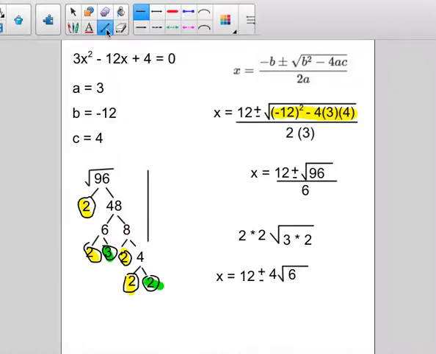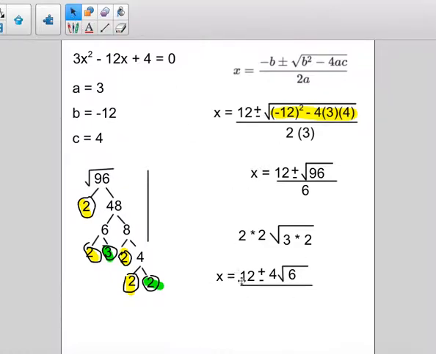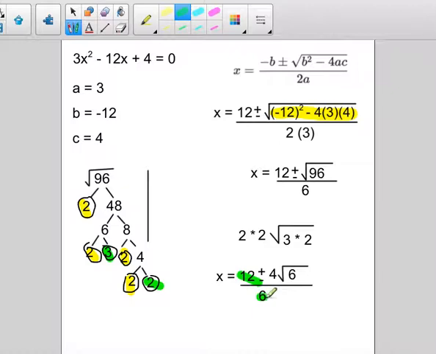And then we can simplify that a little bit further because there is a GCF between the 3 terms that we have in this solution. We have a 12, a 6, and a 4. So 12, 6, and 4 all have a GCF of 2.